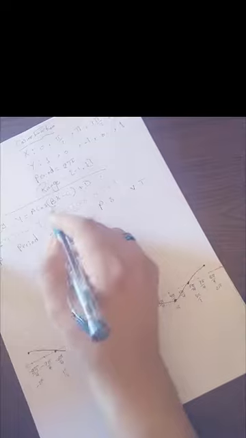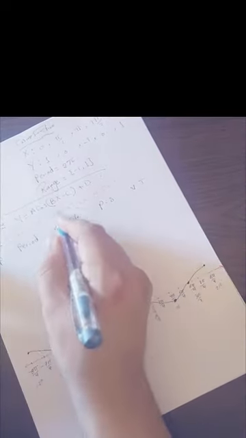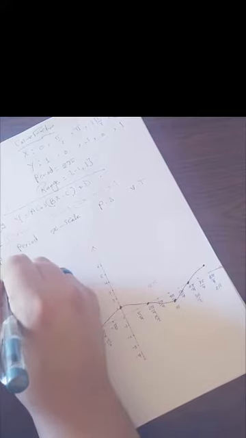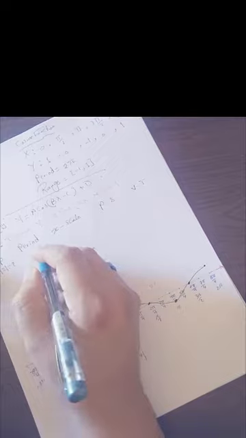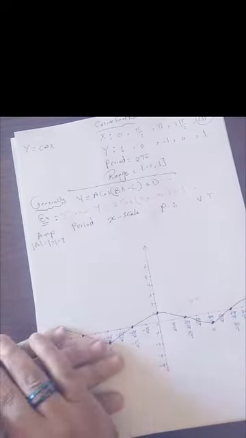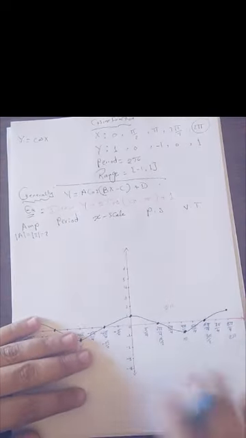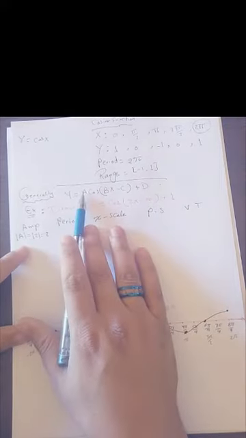What about the amplitude? The absolute value of A, the absolute value of 2, in simplest form 2. Then these are the 5 parts: the amplitude, absolute value of A, absolute value of 2 is 2.